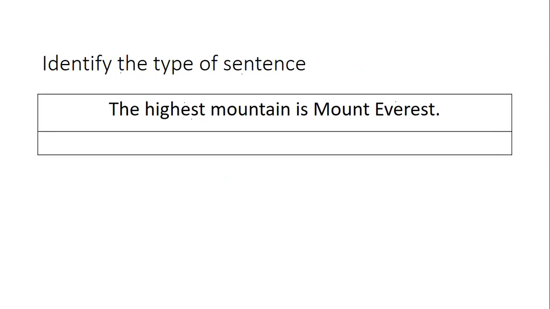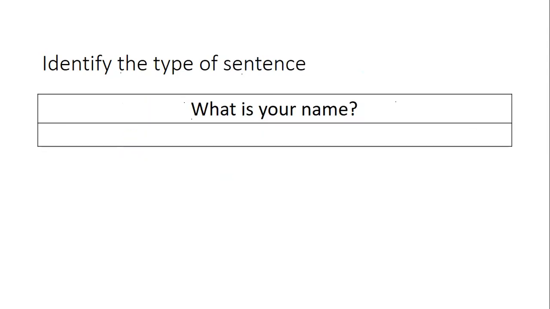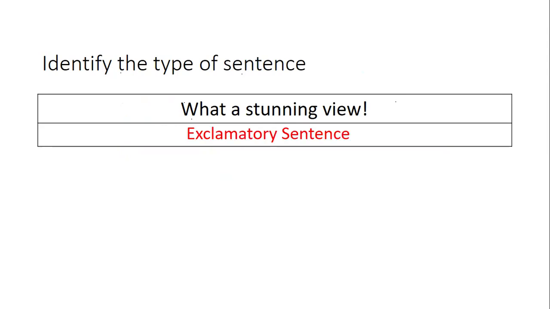The highest mountain is Mount Everest. It's a universal truth. So it is an assertive, declarative statement and it is a positive statement. So it is an affirmative sentence. What is your name? Question is asked. Interrogative sentence. What a stunning view. Strong feeling is expressed.